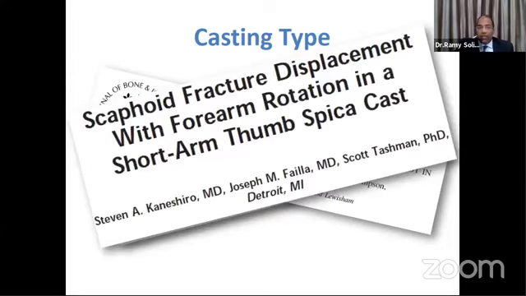Like Dr. Naeem said, including the elbow or not is controversial in the literature, with cadaveric studies showing that not including the elbow in the cast will affect the healing rate.